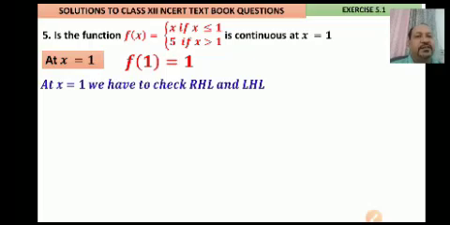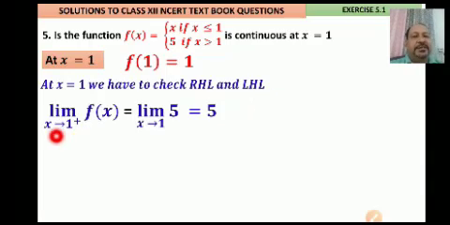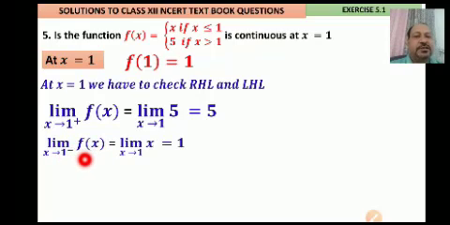At x equal to 1, we have to check the left hand limit and the right hand limit. The right hand limit, limit x goes to 1 positive, f of x equal to 5. The left hand limit, limit x goes to 1 negative, f of x equal to 1.